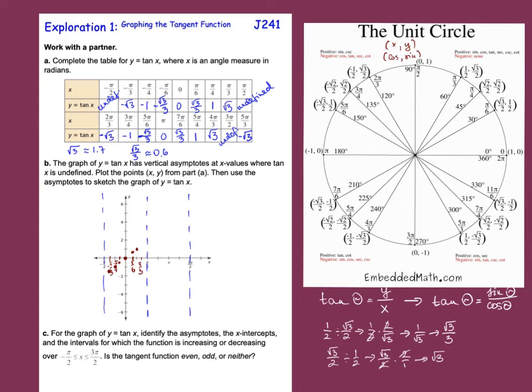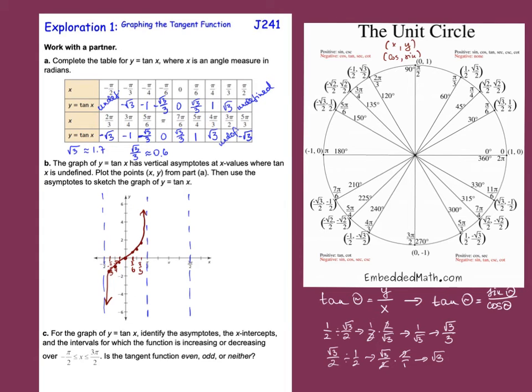So that's about 1.7. So I'm going to graph that over here. And now I'm going to connect these points with a nice curve, making sure that I'm not passing anywhere on my asymptotes. And I just got myself the first part of tangent, the tangent graph.